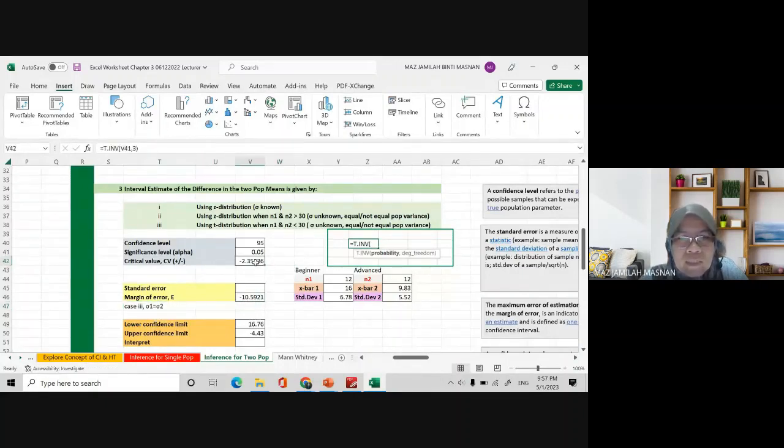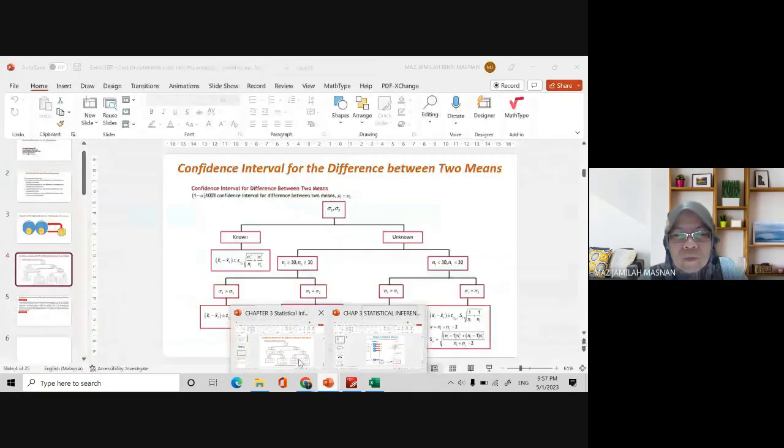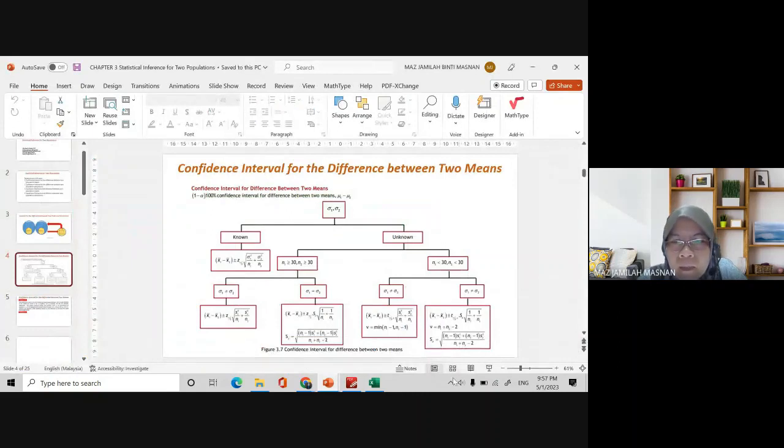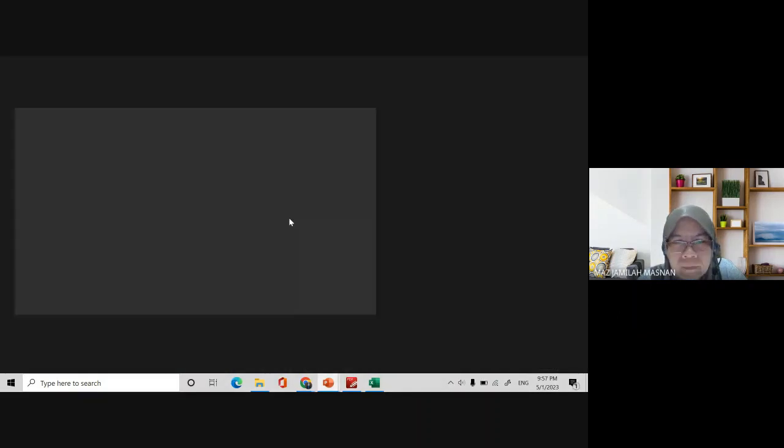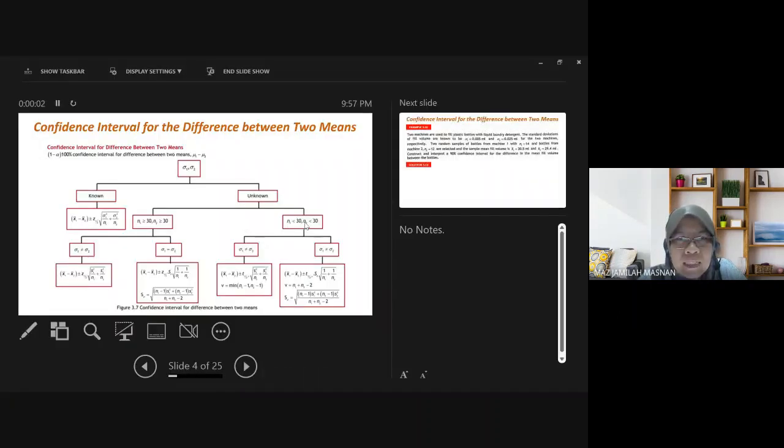For this, we are going to use the T distribution. For the T distribution, let us check how we can find it for less than 30, we assume equal. Equal is this one, right? So it should be N1 plus N2 minus 2. So we add the 2 and minus 2.